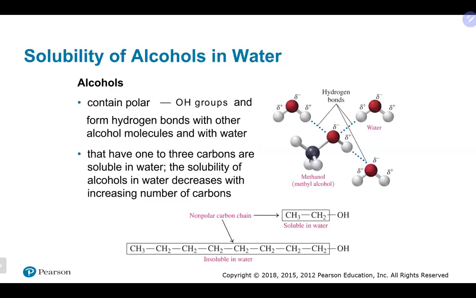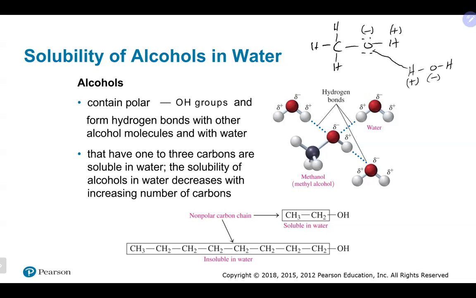As I mentioned earlier, alcohols, because they do contain that polar OH group, are very soluble in water because, again, they're able to hydrogen bond. And that's what makes it soluble in water, that OH group, which once again, if we took something like methanol, minus and positive, works really well with our polar water, which is also negative and positive.